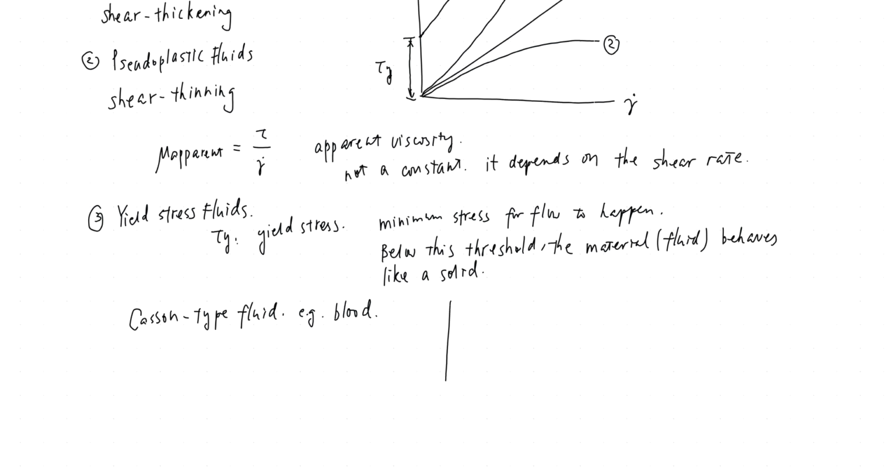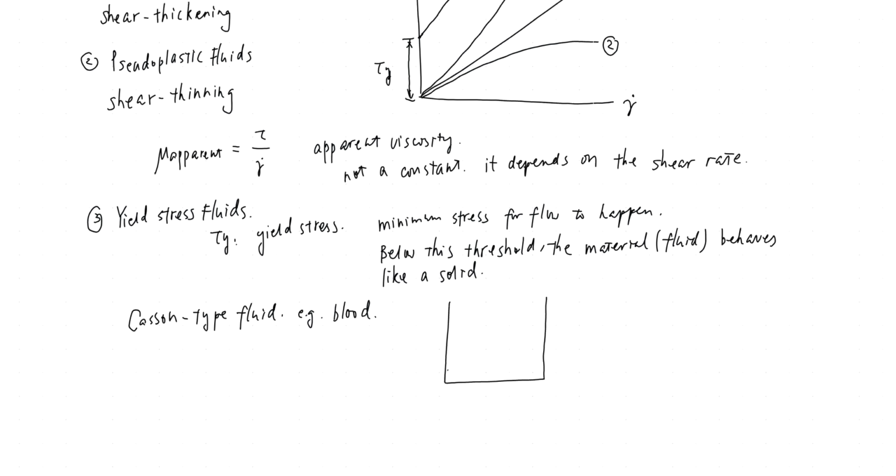Let's draw it again. If you leave a blood sample non-agitated, and then you let it sit, then due to gravity, those red blood cells would sit at the bottom of your glass, or your container, whatever you are looking at.